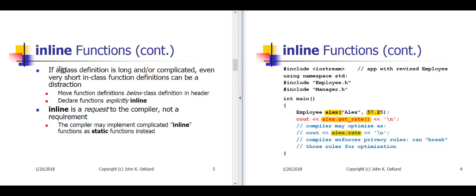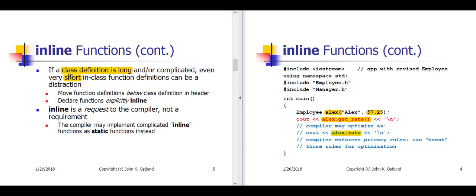Now, if the class that you're defining is long, that is, it has lots of member functions and perhaps lots of data members and some types being defined and so on, then even if you have short one or two statement function definitions, those can really clutter up the class when some developer is trying to read your class definition to figure out what member functions are available.